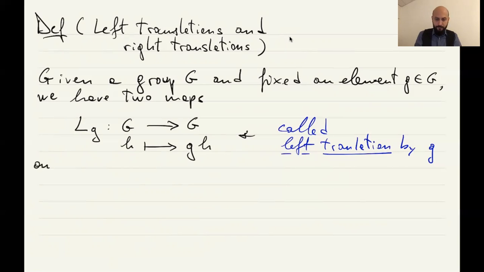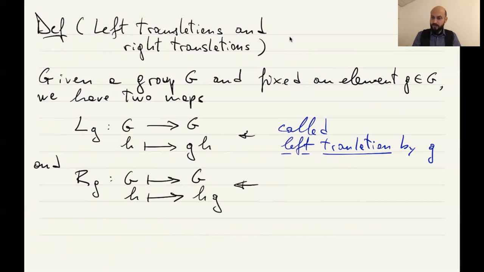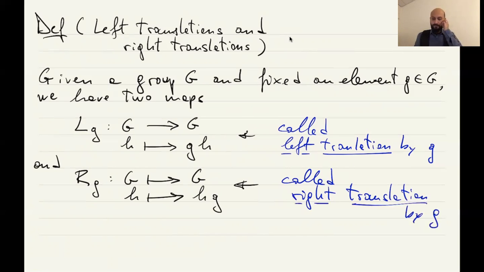And the other map is R_g. R stands for right. To every h, you associate hg. And this map is called right translation by g. Okay. Remember, the map that sends (g,h) into g times h is continuous by definition of being a topological group.